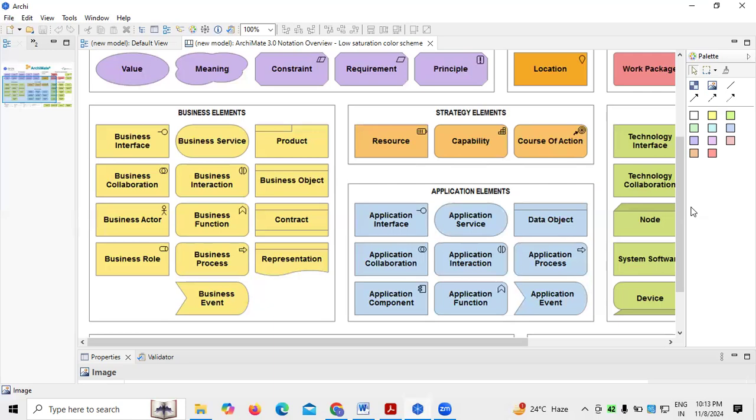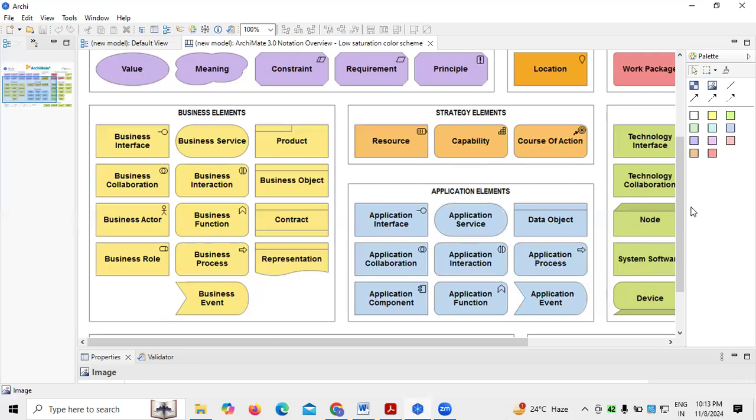But make sure these are not standalone; they are all interconnected and integrated, right? So application collaboration and interaction is one of the core and important elements as far as applications are concerned, which we need to know.